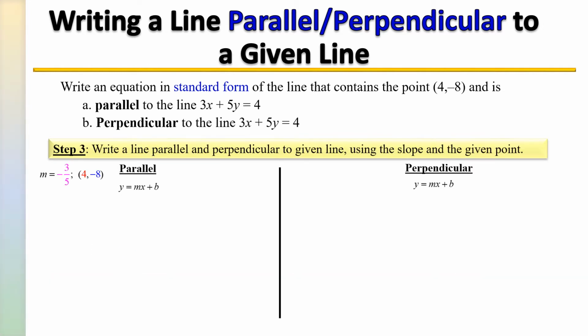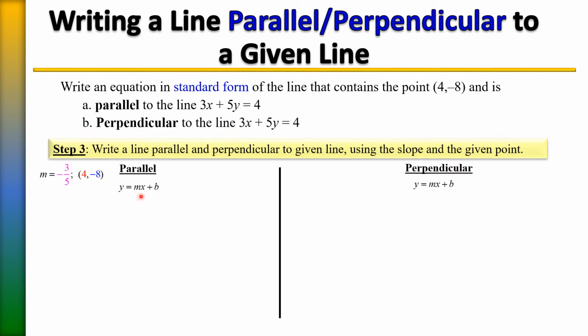Okay, let's begin with the slope-intercept form first. So into the y equals mx plus b, we're going to remove y and replace it with our given y value of -8. Remove m and replace it with our given slope of -3/5.